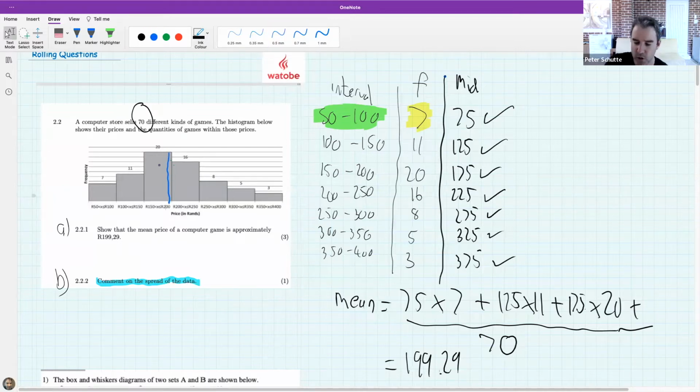Now, normally when we look at the skewness of data, we look at where the median is, and we look at the bottom 50% and the top 50% of the data. So who has an example of the spread of this data? Or who has an answer for that? Any ideas? I'll give you a bit of time.